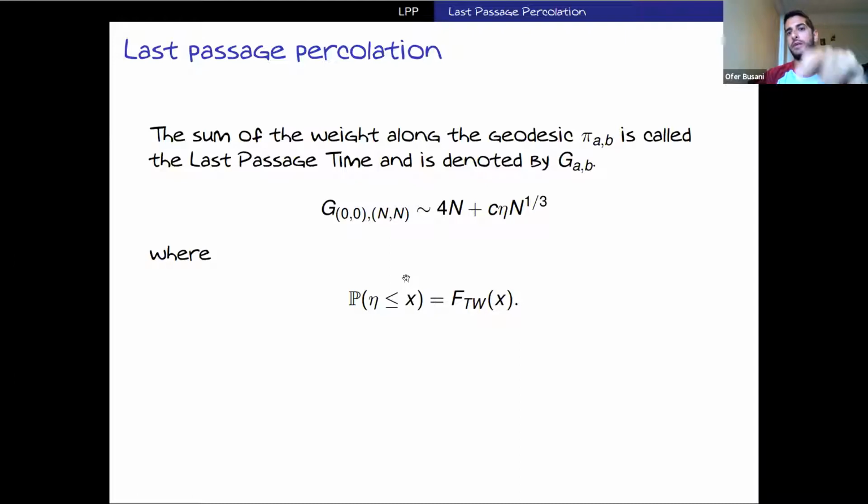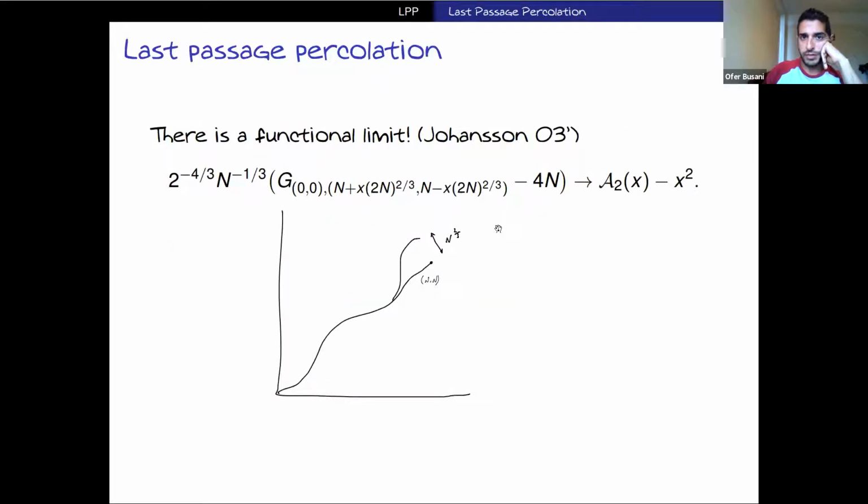The first leading order is macroscopic, it is 4n, and then we have fluctuations of order n to the 1/3, where eta in the prefactor is known to be distributed as the Tracy-Widom distribution, which is familiar from random matrix theory. There's also a functional limit.